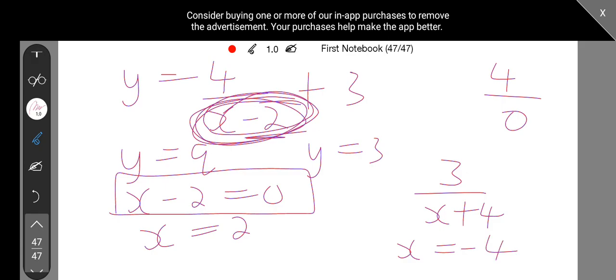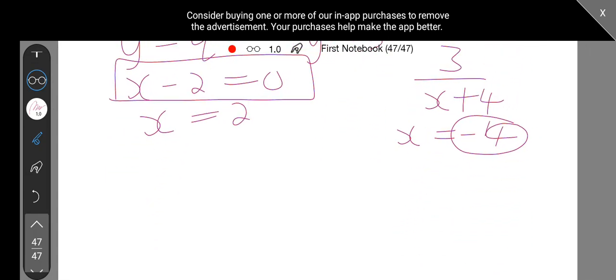This is the trick that you can use. Minus 4 plus 4 is 0 and 3 over 0 is undefined. This means the thing is undefined if x is equal to minus 4. I hope you understand.